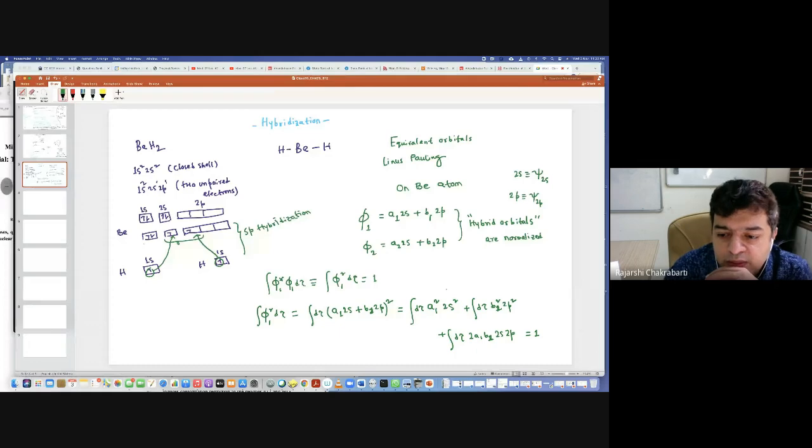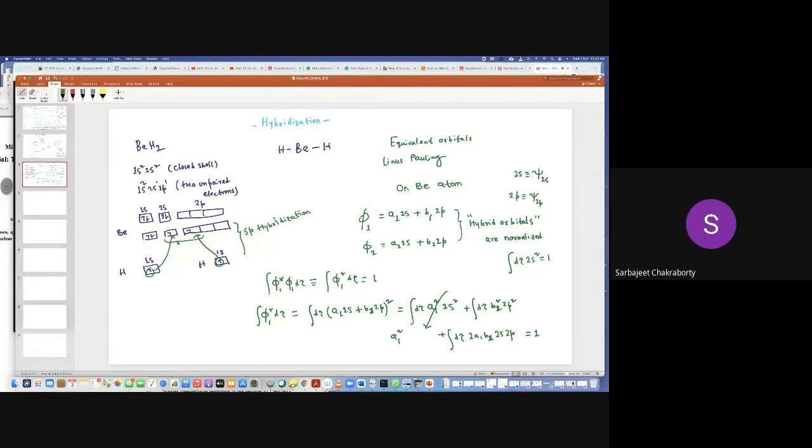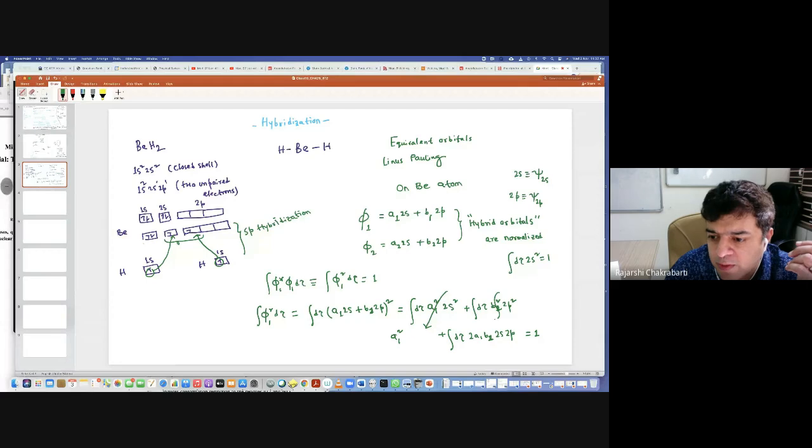Now what is this quantity? This is equal to a1 square times 1, isn't it? Because orbitals are normalized. a1 square plus b1 square equals 1, and this is also b1 square. And what about this?